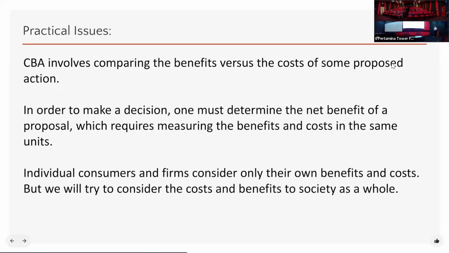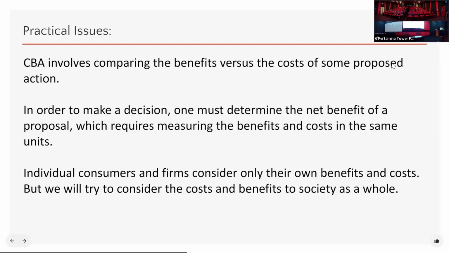So what are the practical issues? We have to involve comparing the benefits versus the costs of some proposed action. In order to make a decision, one must determine the net benefit of the proposal, which requires measuring the benefits and the costs in the same units, okay? So the shadow price of labor has to be in pounds or in rupees, and the costs should be in pounds or in rupees.